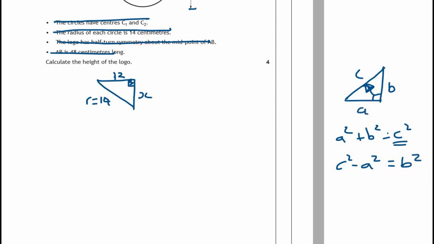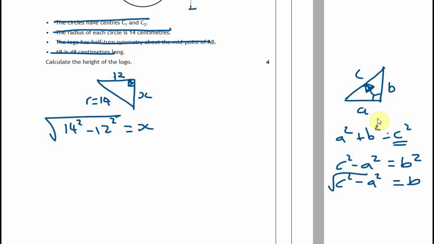So that's going to give me the square root of 14 squared take away 12 squared, is equal to x. I've just moved that square sign over here to give us the value on its own. So 14 squared is 196, minus 144, square root.